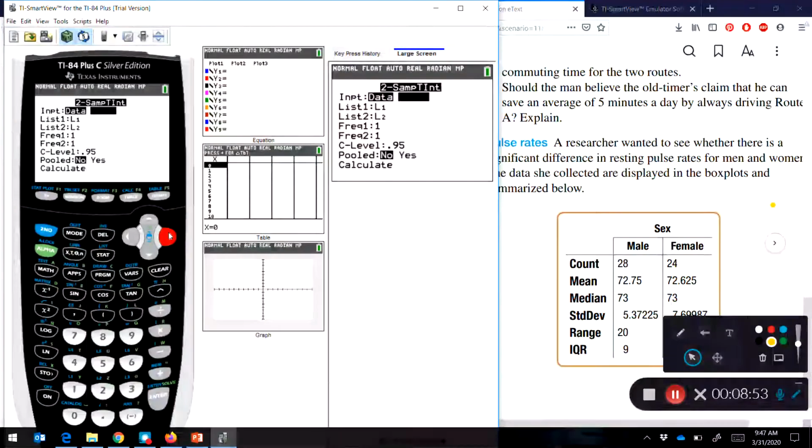This time I want to plug in the summary statistics we have over here on the right. So our first group has a mean of 72.75, and a standard deviation of 5.37225.